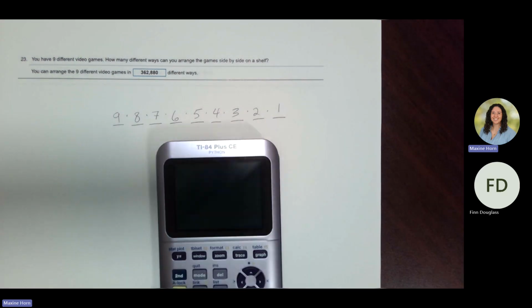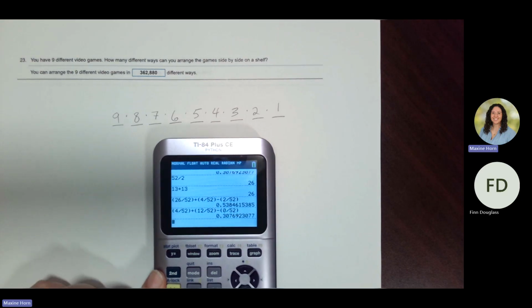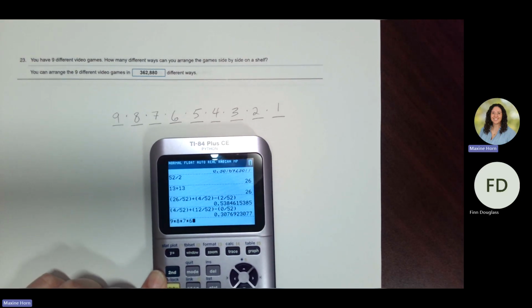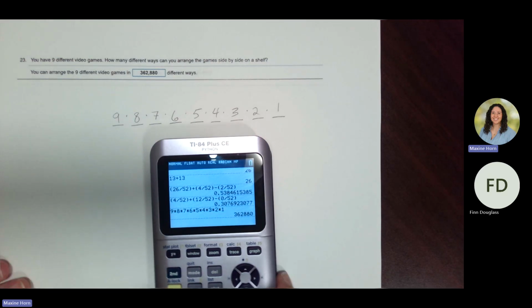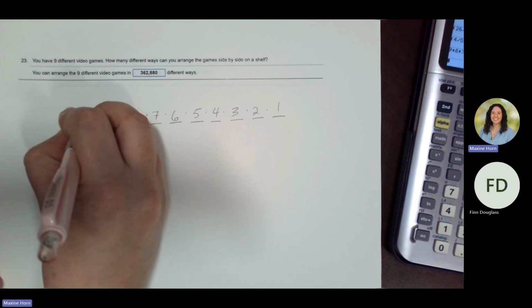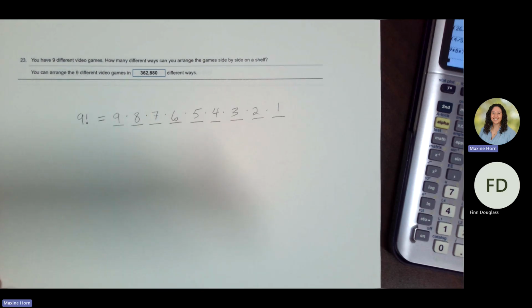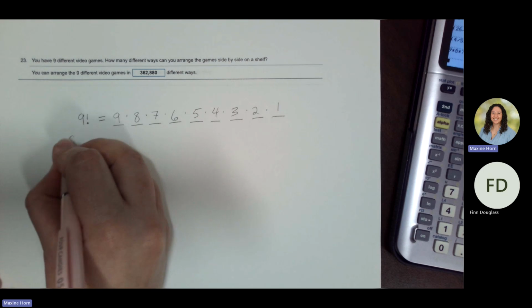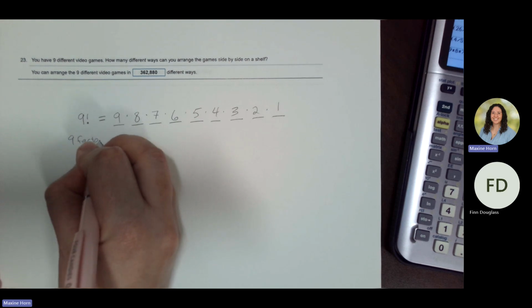Okay. So you could plug this into your calculator: 9 times 8 times 7 times 6 times 5 times 4 times 3 times 2 times 1. And you would get this number. But another way to write this is called factorial, right? This is 9 factorial.